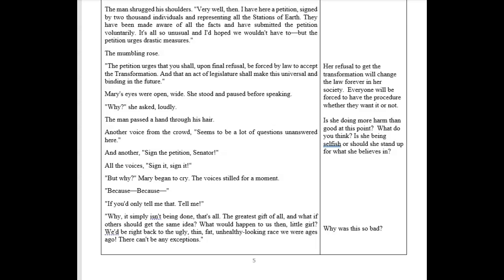"The petition urges that you shall, upon final refusal, be forced by law to accept the transformation, and that an act of legislature shall make it universal and binding in the future." Mary's eyes were open, wide. She stood and paused before speaking. "Why?" she said loudly. The man passed a hand through his hair. Another voice from the crowd.